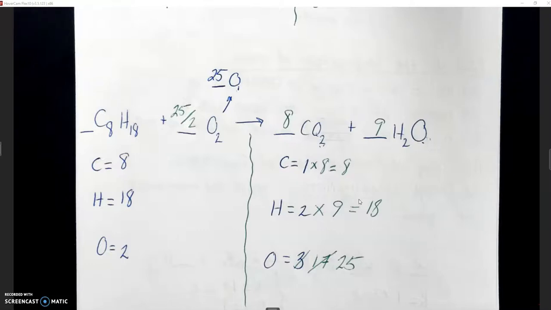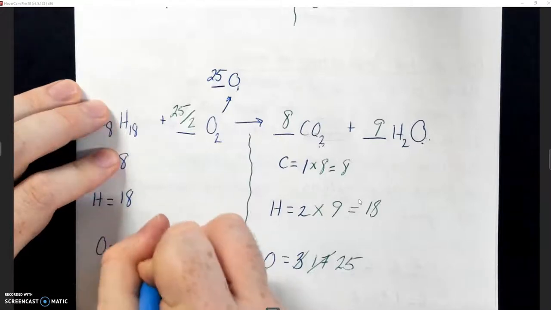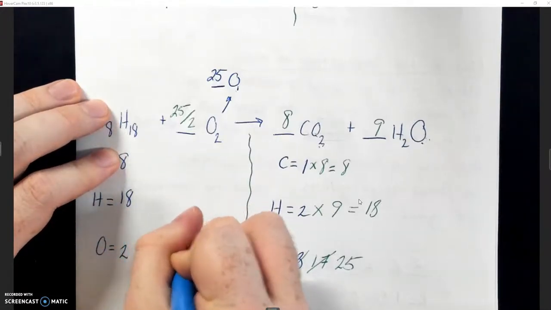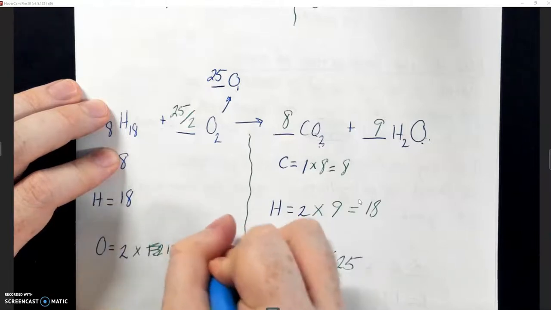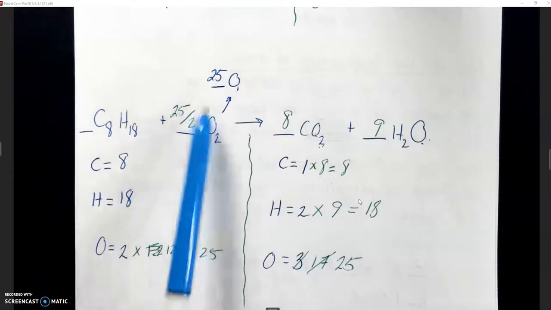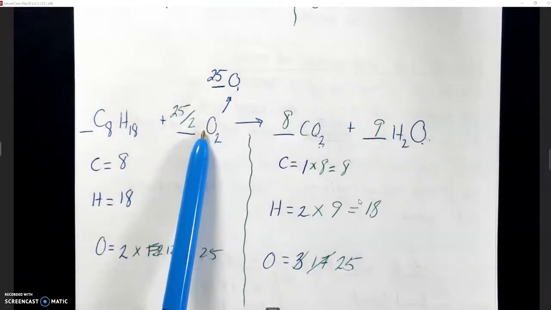And 25 divided by 2 is what, ladies and gents? That's 12 and a half. 12 and a half times 2 is 25. We are balanced. Okay? However, we cannot leave it like this.